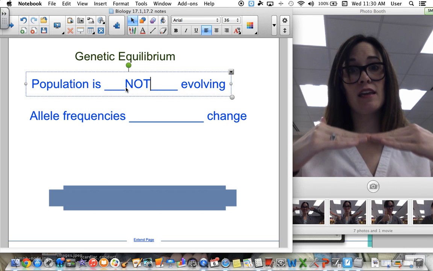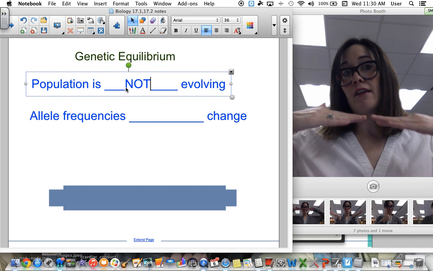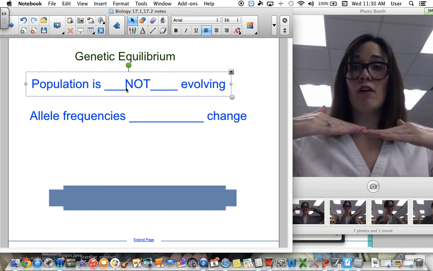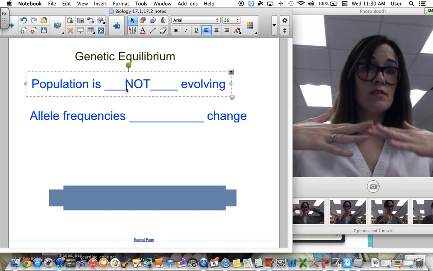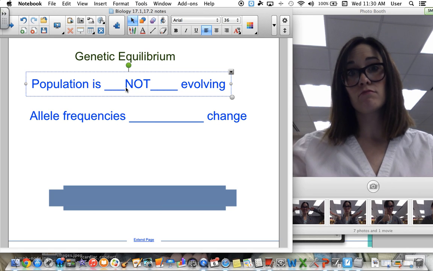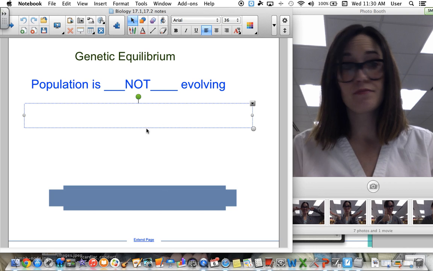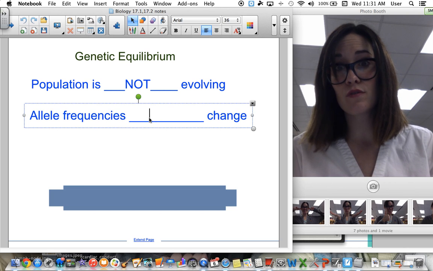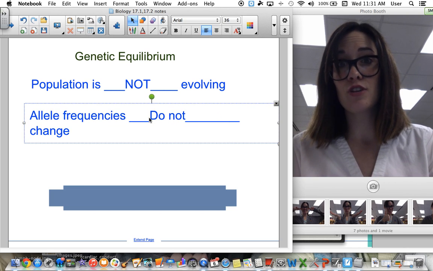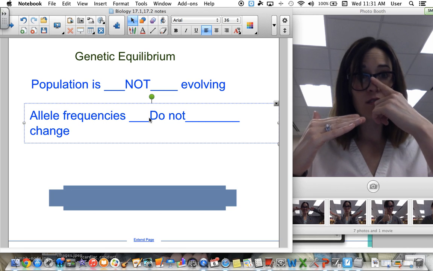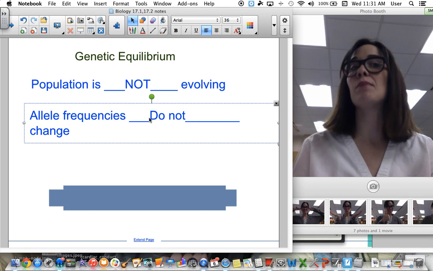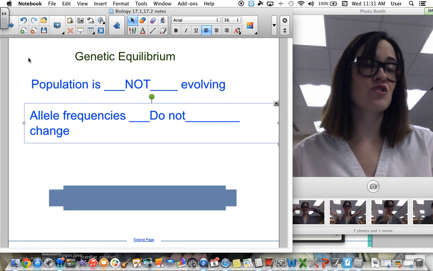If the population is not evolving, that means the allele frequency, the numbers of letters, aren't changing. Those percentages aren't changing at all. The population is said to be in genetic equilibrium.